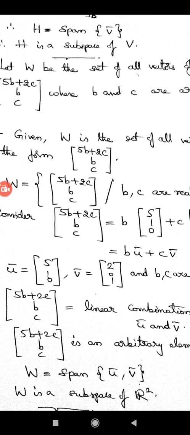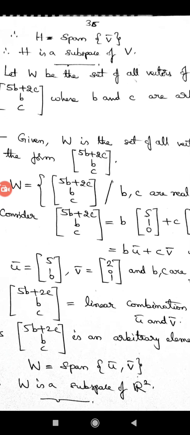It is written here R2, it's not R2, R3, as every vector in W is a 3 by 1 column vector. So W is a subspace of R3.